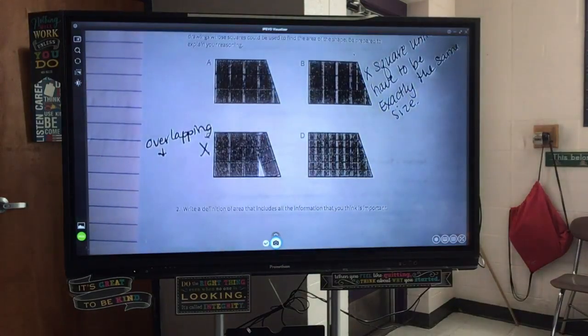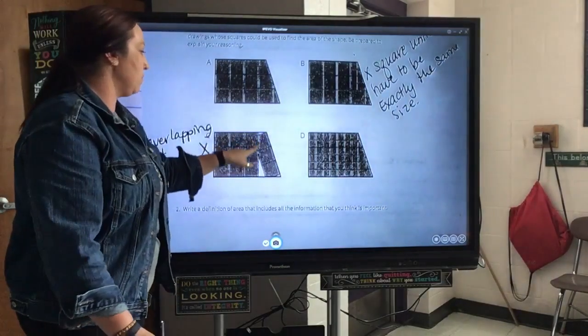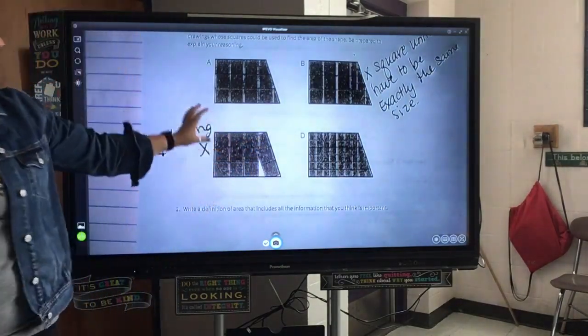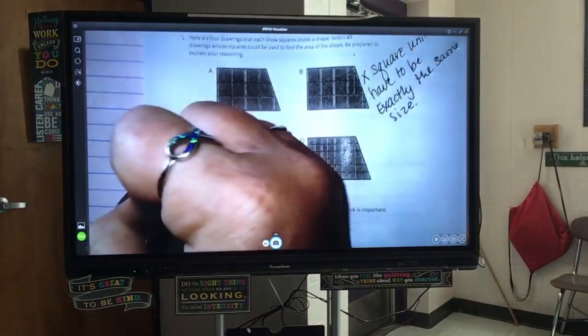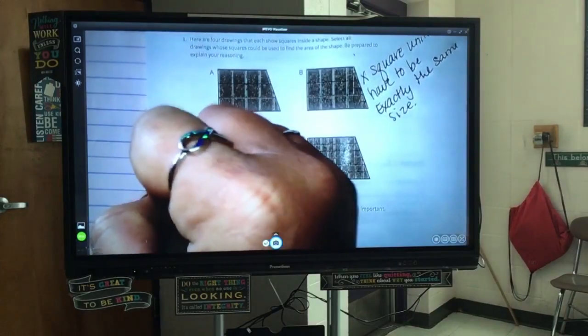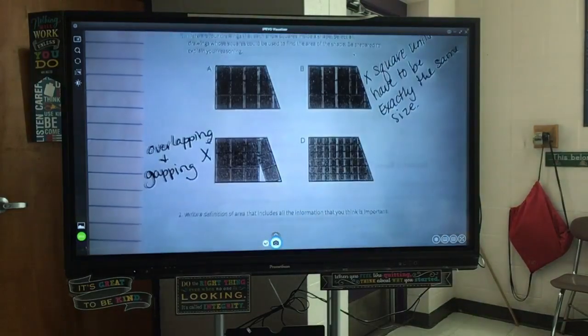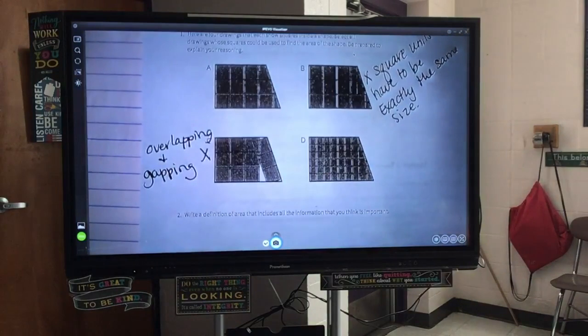So this part right here overlaps, right? But what else do you see that's different from all the other shapes? Anna? There's a section that doesn't get covered up. So there's a gap, right? Like there's a hole essentially. So overlapping and gapping. All right. So that is why C does not work, because you can't just overlap some shapes, right?